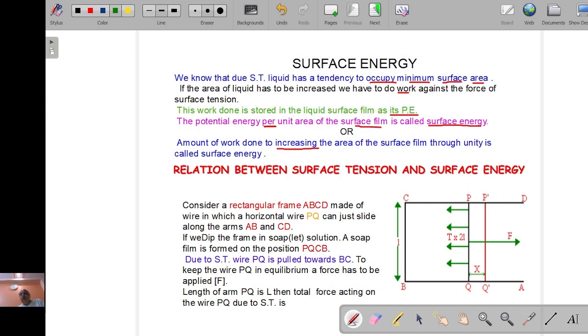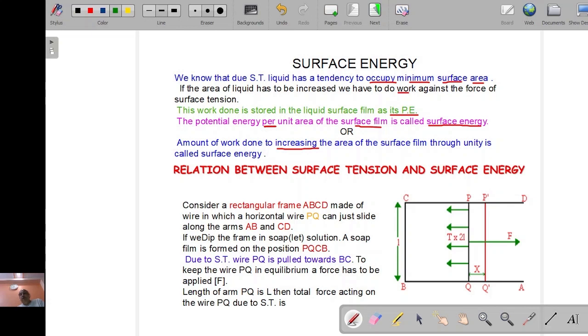In this wire, the liquid is filled, and the length of a small rod PQ is L.